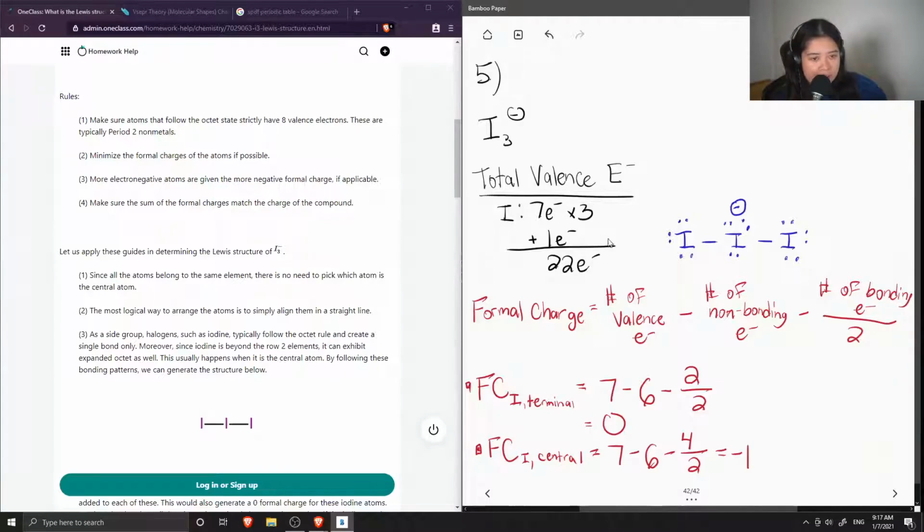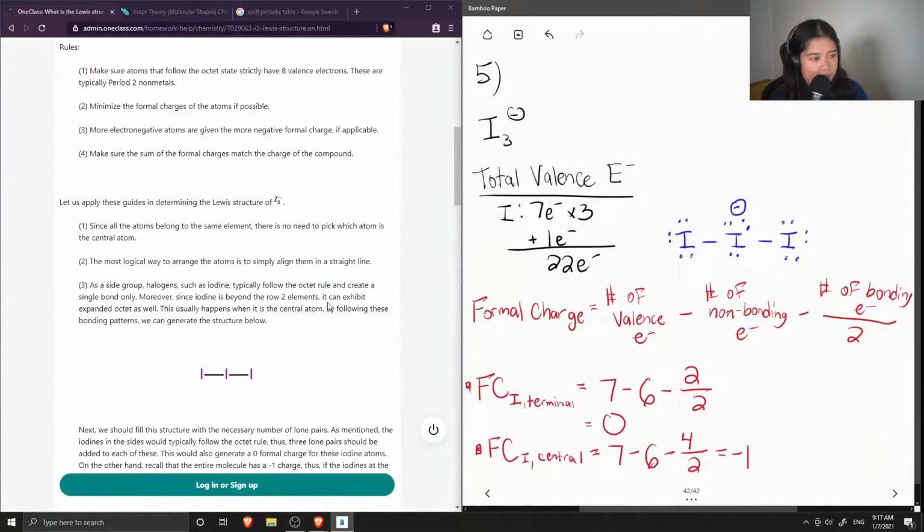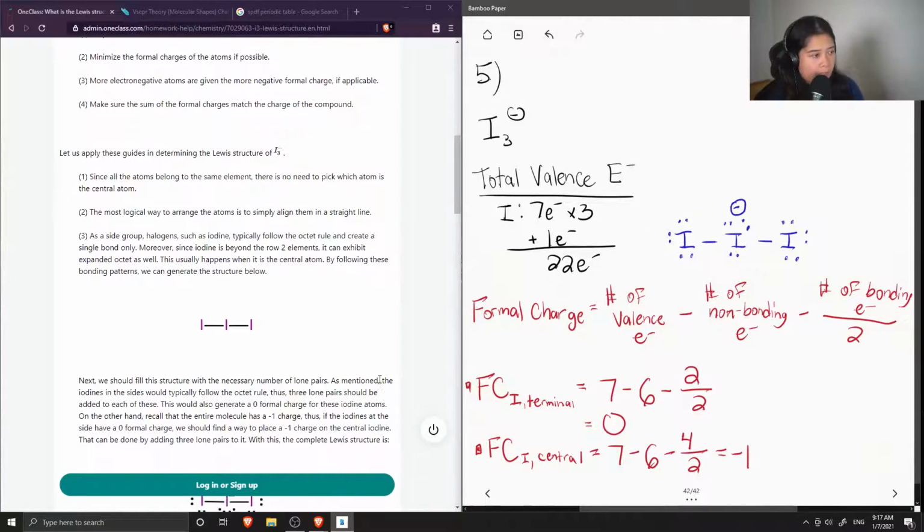So all of these atoms are the same, so that rule doesn't really matter for this case. And then 4, make sure the sum of the formal charges match the charge of the compound. So again, for our case, we have a -1 only in the central iodine, and we know that there's a -1 charge in the overall molecule.